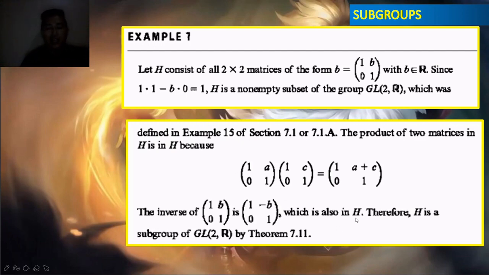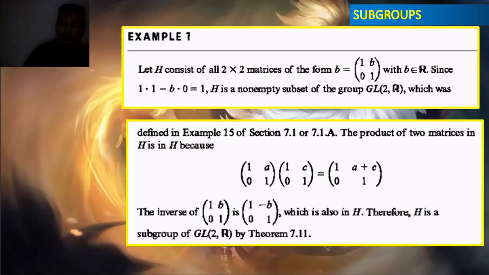So, which is also in H gihapon ni kay negative B man, and B is any real number, pwede negative. Element gihapon siya sa H. So, naa tay identity, naa tay closure property, and naa pod inverse. Siyempre, associative man ang matrices. So, therefore, H is a subgroup of GL2R by Theorem 7.11.